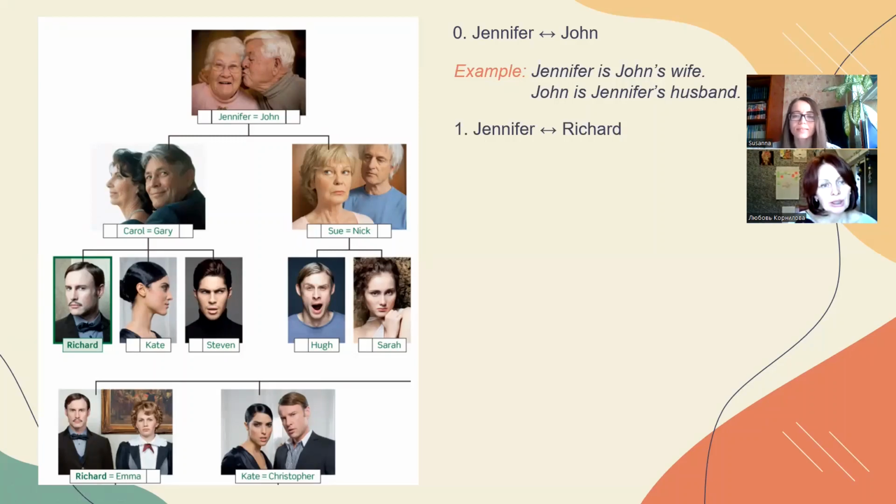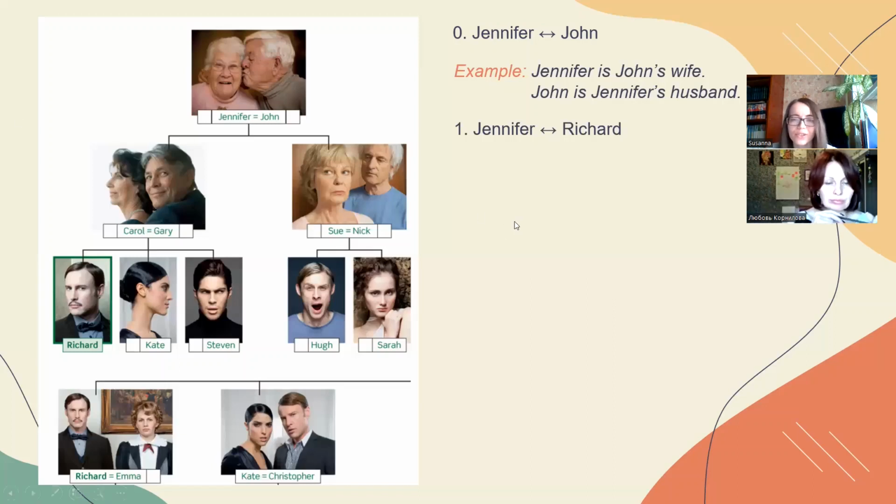Jennifer is Richard's grandma. And one more sentence here. Richard is Jennifer's grandson. Yes, you're right.